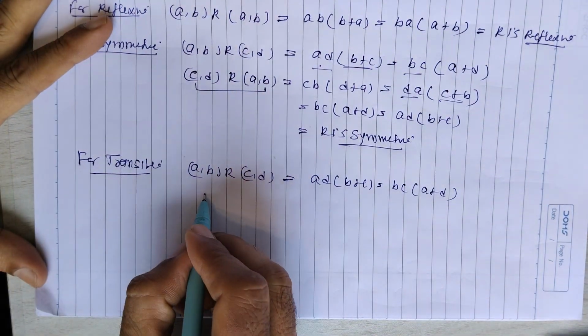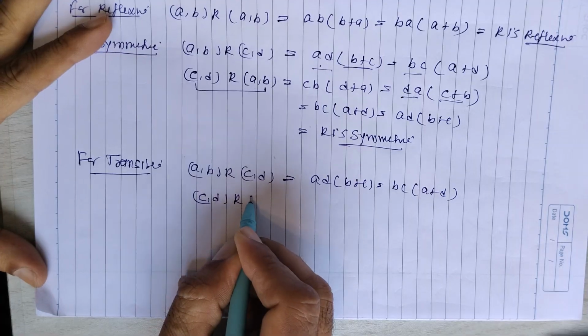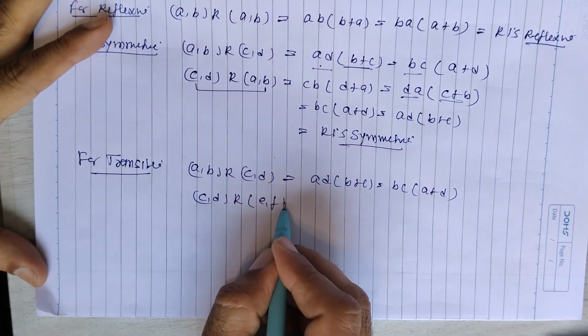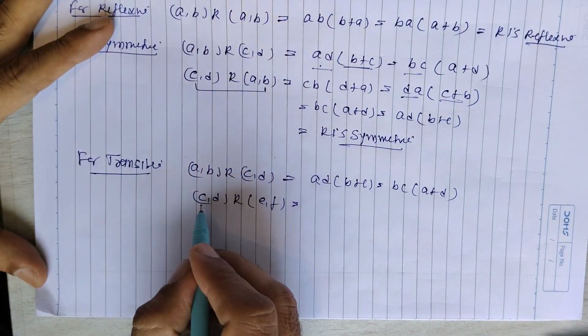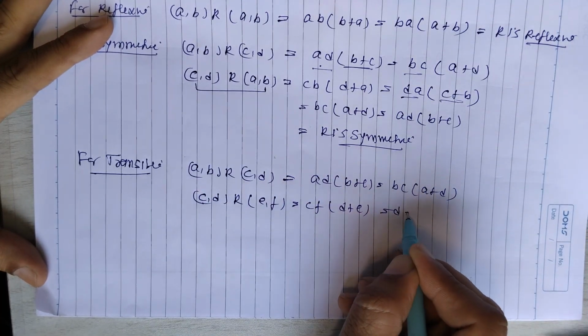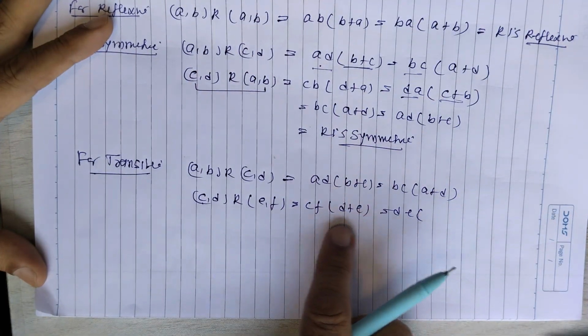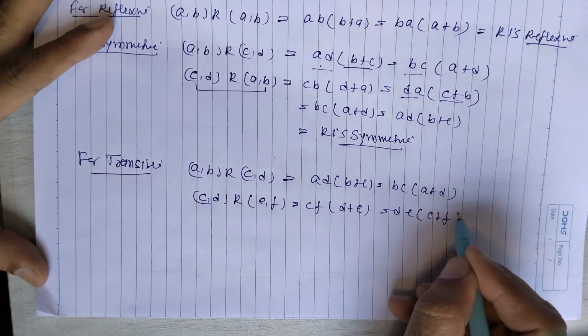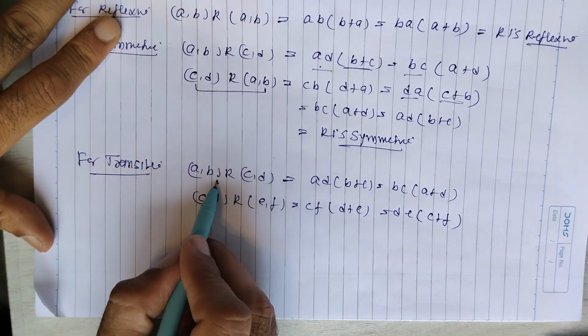Now CD related EF. What is the rule? First into fourth, CF, and second plus third, so reverse it, DE and C plus F. Now you have to prove AB related to EF.